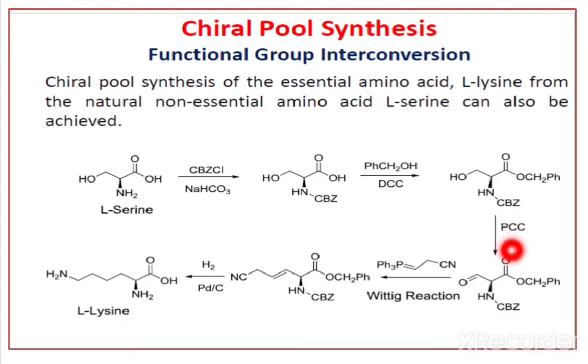Next, PCC, we know the role of PCC: oxidation of the primary alcohol, and we get the aldehyde. Now then Wittig reaction, here the aldehyde undergoes a Wittig reaction, and we get a double bond. Now the next step, H2 in the presence of palladium on carbon, is for the deprotection of this amine, and here we get L-lysine.